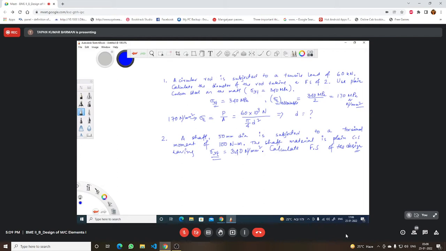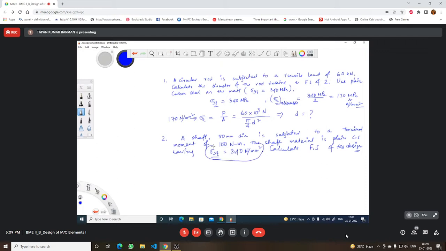Otherwise, it is not possible to calculate the dimension or factor of safety there. Generally, there are two types of problems. One is you need to calculate the factor of safety available in the design. The other is that all other things are given to you along with the factor of safety, but you need to calculate the dimension of the component. But you have to see whether you have sufficient data to calculate the dimension or factor of safety. With this problem, if I provide only this, it is not possible.